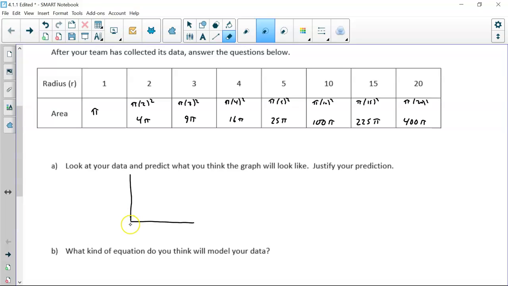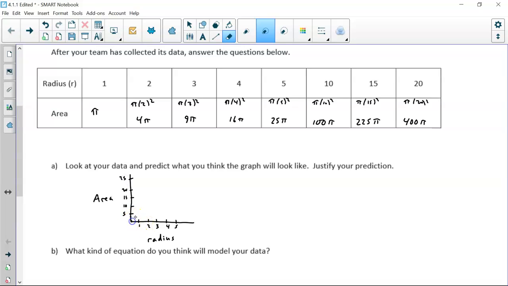for our data? We would have our radius here on the x. That's our independent variable. And our area on the y, that's our dependent variable. So 1, 2, 3. We'll go by 1s for the x, and for the area, we're going to go by 5s: 5, 10, 15, 20, 25.